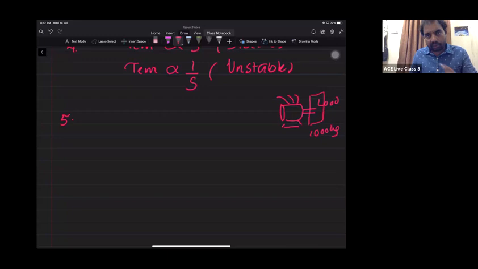In this case, the motor can't rotate. But it doesn't mean that a three-phase induction motor is a non-self-starting motor. Whatever torque the motor is developing is not sufficient to drive the load. The load needs very high torque, but the motor is not able to produce the required torque, and hence it is unstable.